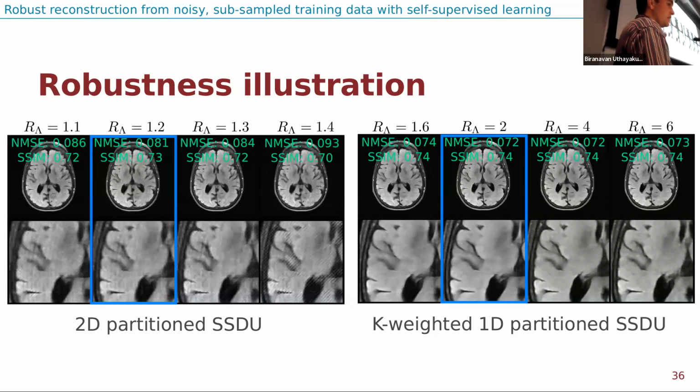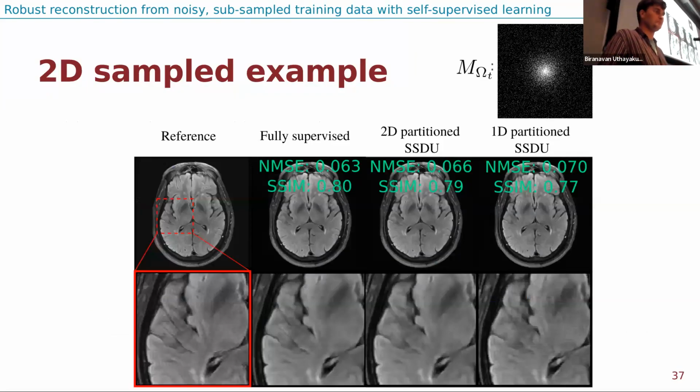And you can see that for the 2D partition SSDU on the left, even for changes of 0.2, there's considerable streaking in the reconstruction. Whereas for our K-weighted 1D partition SSDU, there's a very similar performance across the range of 1.6 to 6. So it's far more robust to how much we partition by.